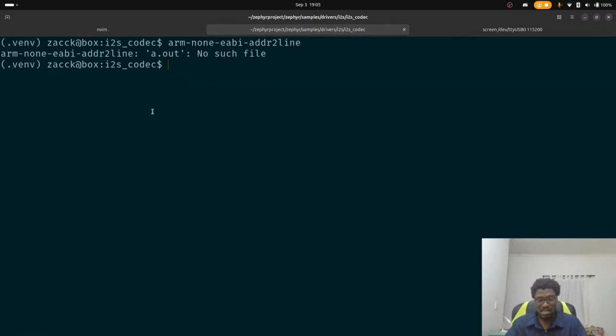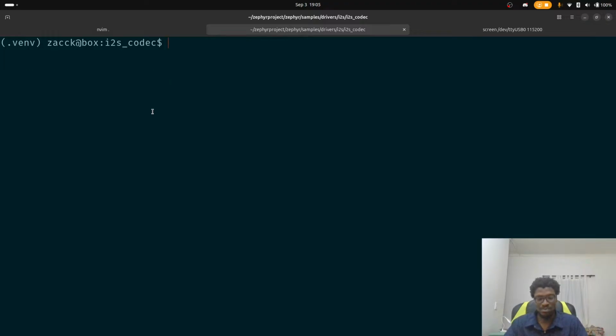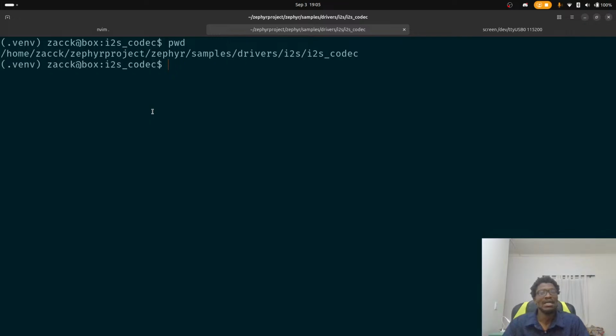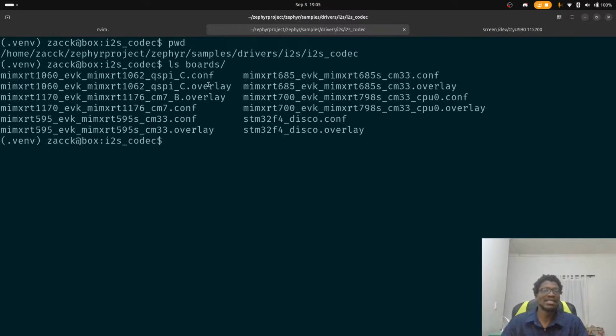So there's this sample, Zephyr samples drivers I2S codec. And this sample has a board definition for a board that I have, which is the STM32F4 Discovery.